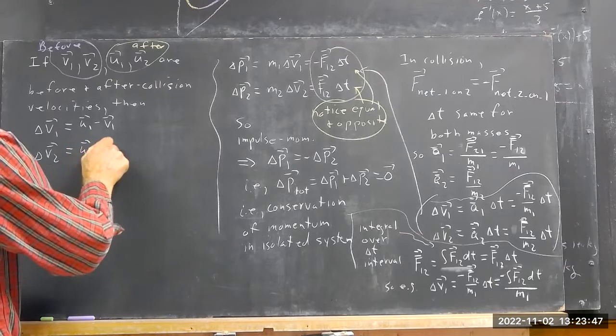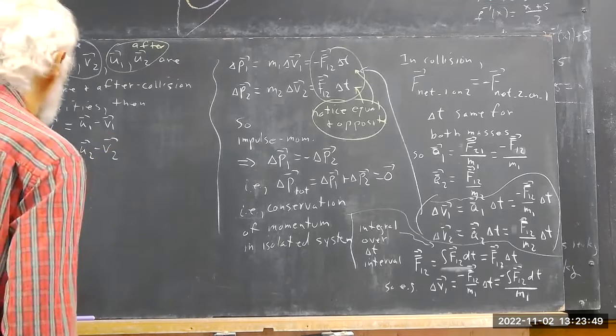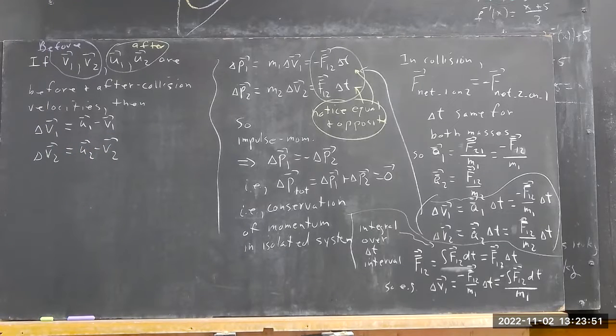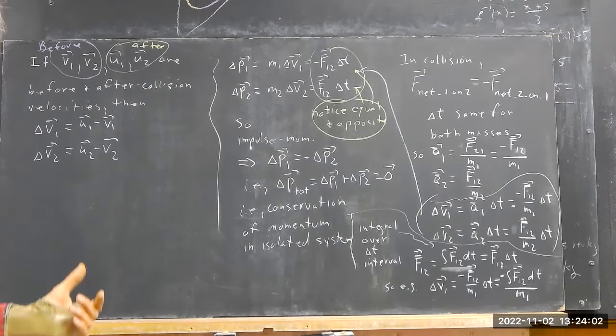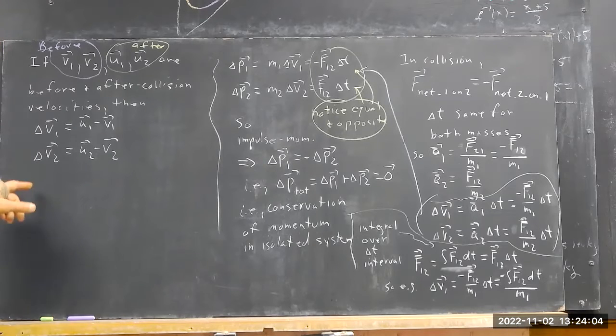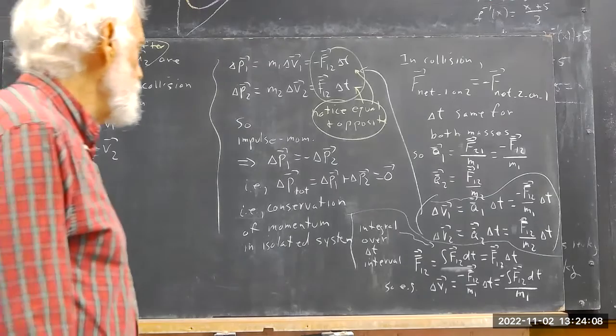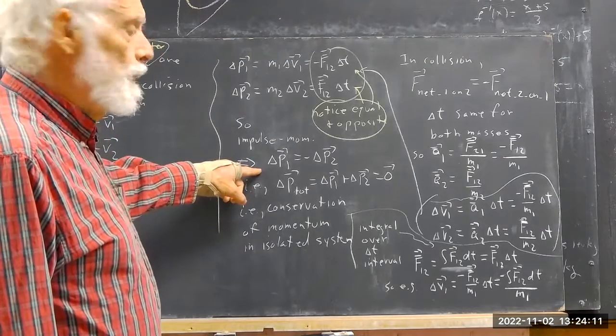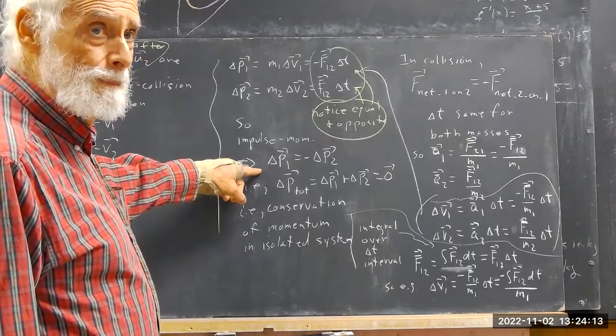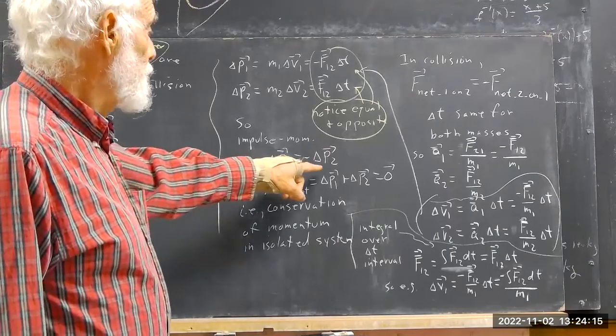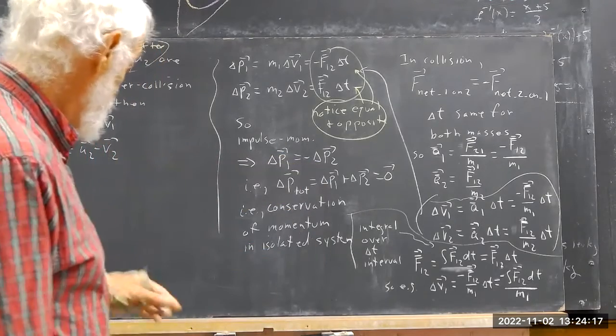And then delta V2 is U2 minus V2. Well, then in terms of M1 and delta V1 and M2 and delta V2, what's delta P1? And what's delta P2? Let's write that down.